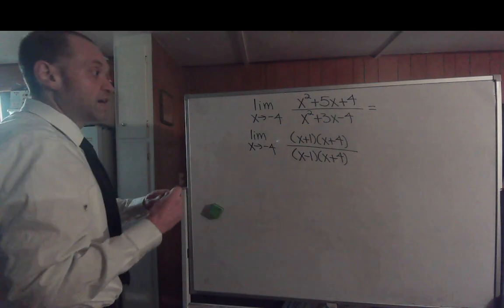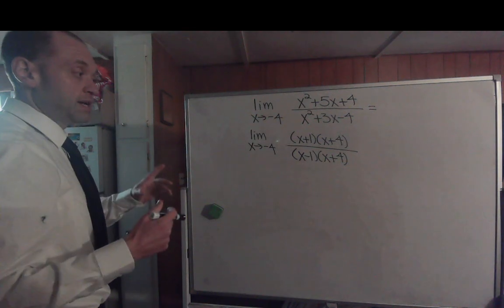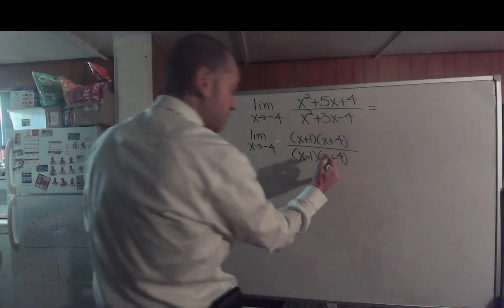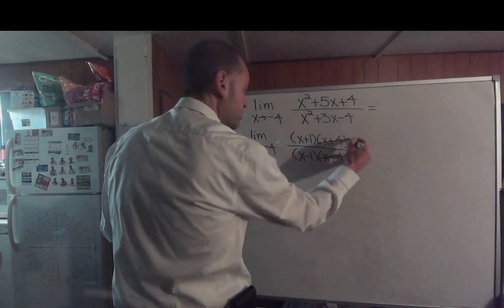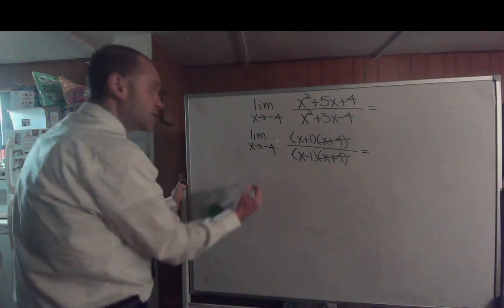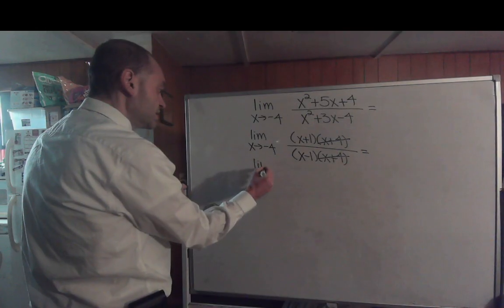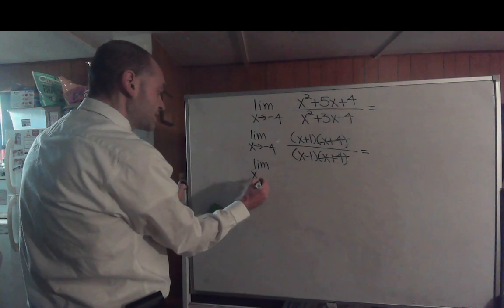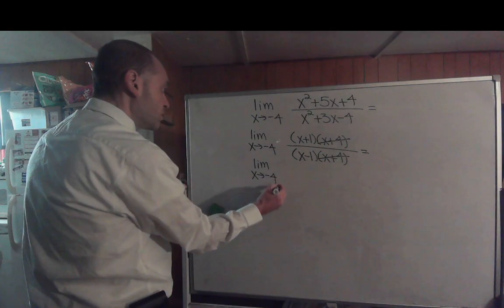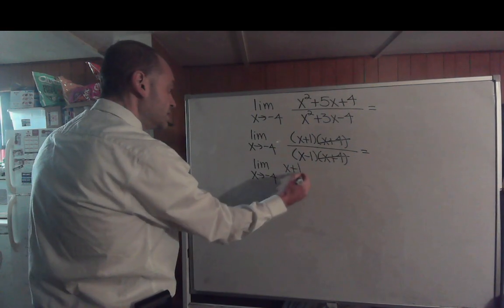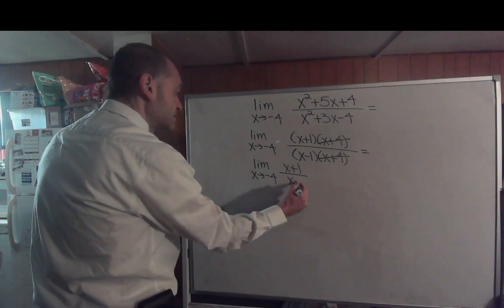And you got your factored numerator and denominator. Now notice you can cancel out a common x plus 4 between both the numerator and denominator. So this will reduce to the limit as x approaches -4 of x plus 1 divided by x minus 1.